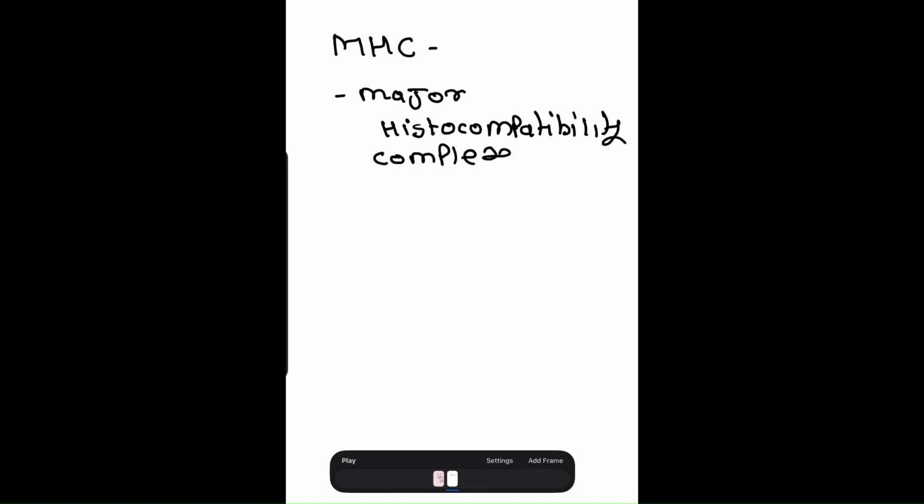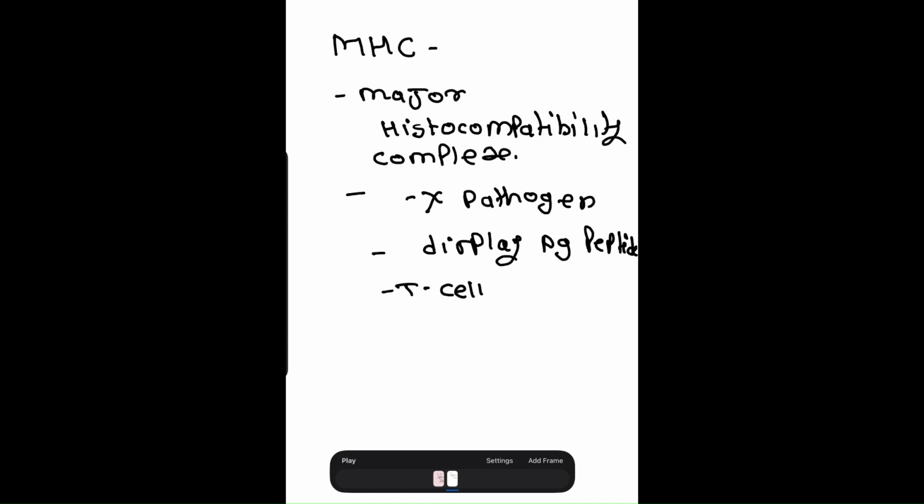The MHC molecule acts as a display platform that holds the antigen peptides and shows them to the T cells. It displays the antigen peptides of that pathogen on the surface, and then the T cell will decide the response to that antigen.